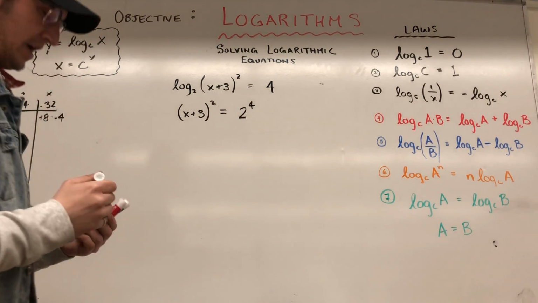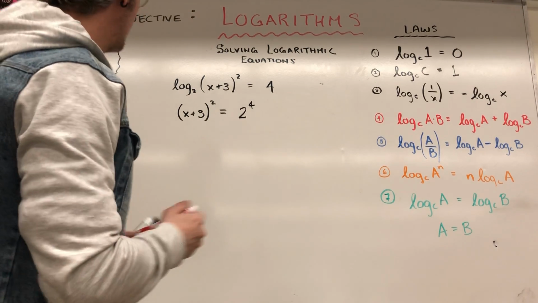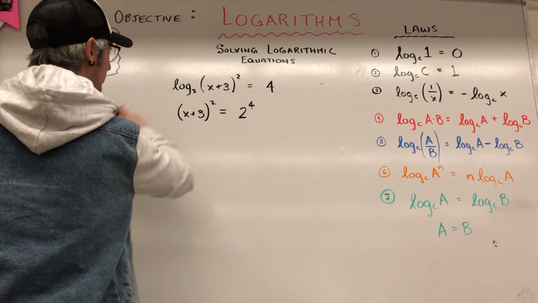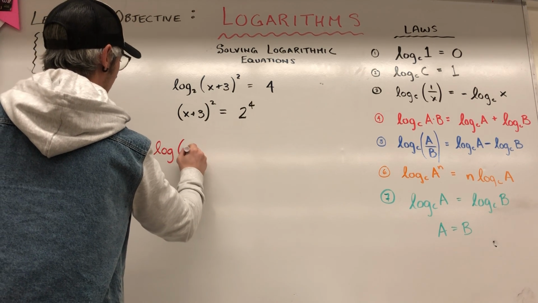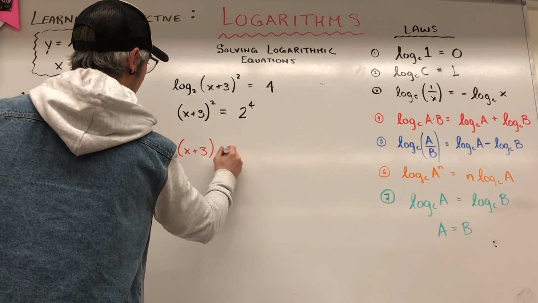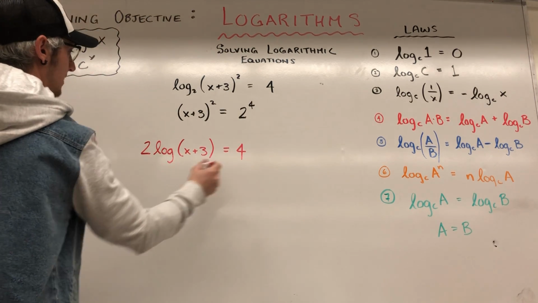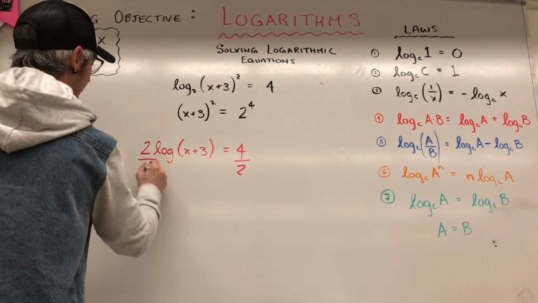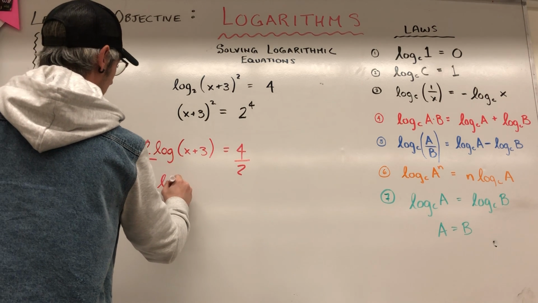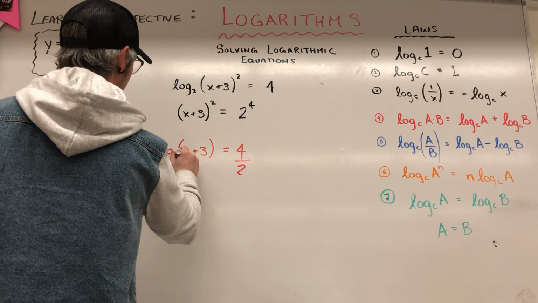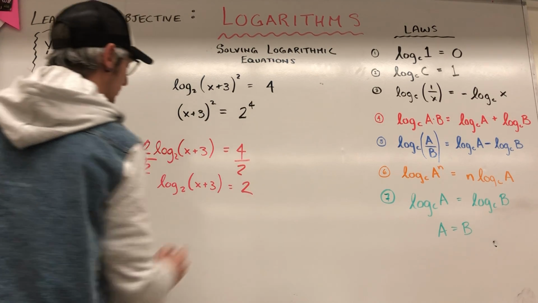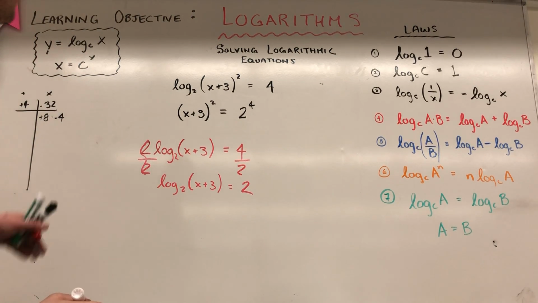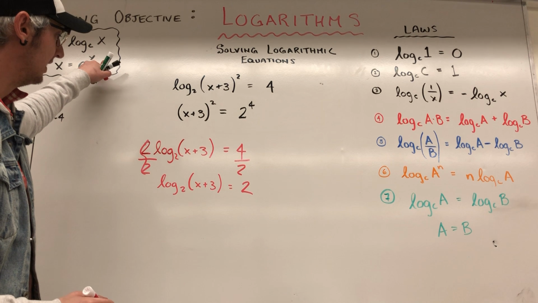Now, when I first saw this problem, immediately what I wanted to do was bring that 2 down, and then I would divide everything by 2 and I get log base 2, x plus 3 is equal to 2. And then I applied this here.